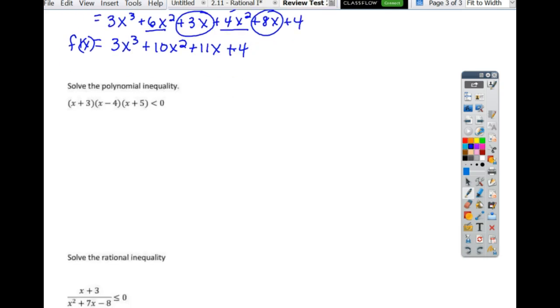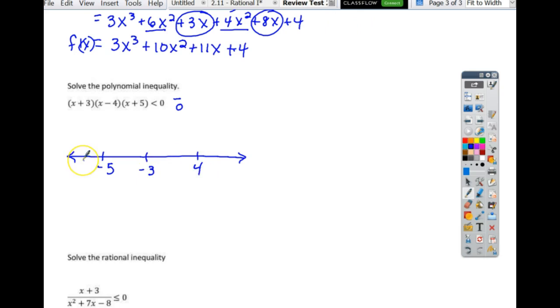If I'm going to solve the polynomial inequality, first of all, this is less than, so I want negative, and I'm going to have open circles. I'm going to draw my number line and put the zeros. So I'm going to have negative 5, negative 3, and 4.